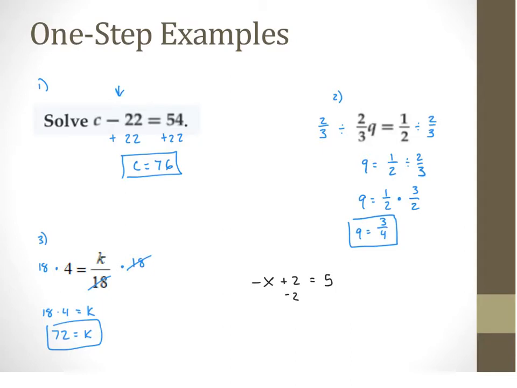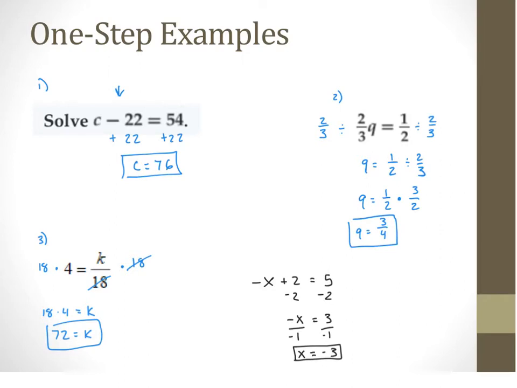So we're going to subtract 2 from this side of the equation and from that side. Then we have negative x is equal to 3. But we have a negative x. I don't want negative x. I need a positive x. So what we're going to do is divide both sides of the equation by a negative 1. And then that will give us x is equal to a negative 3.